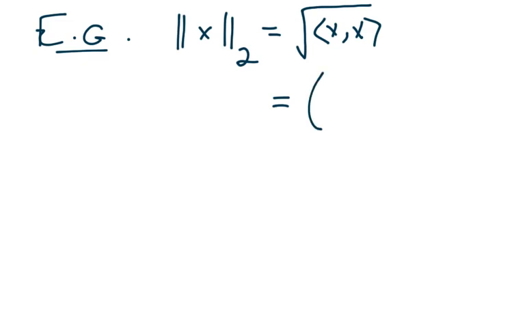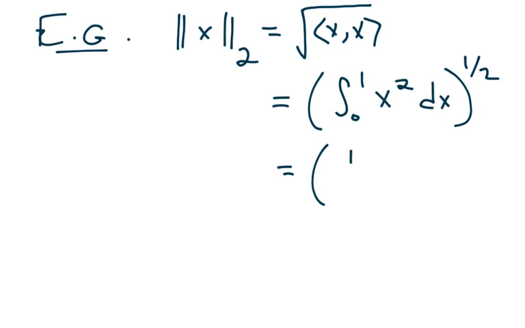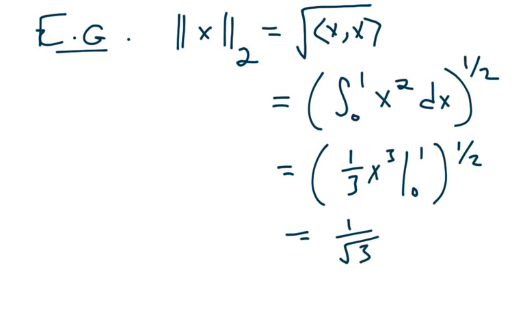This is the integral from 0 to 1 of x times x dx, all raised to the 1/2 power. This is going to be 1/3 x cubed from 0 to 1, raised to the 1/2 power. And so this is 1 over the square root of 3.